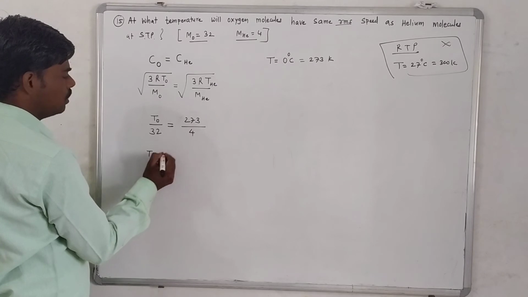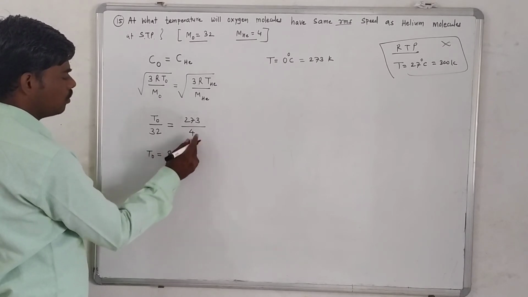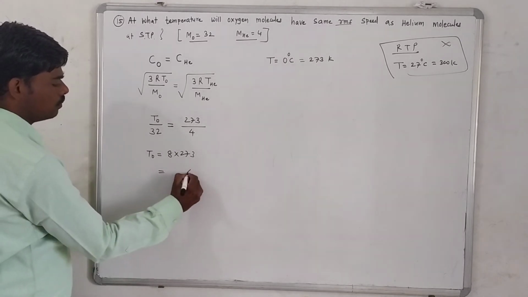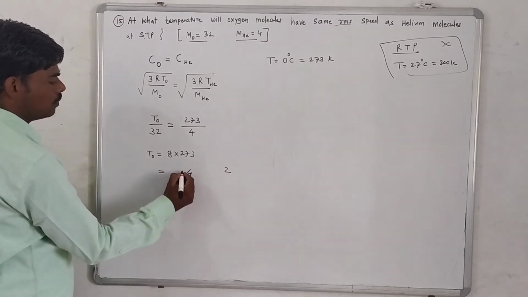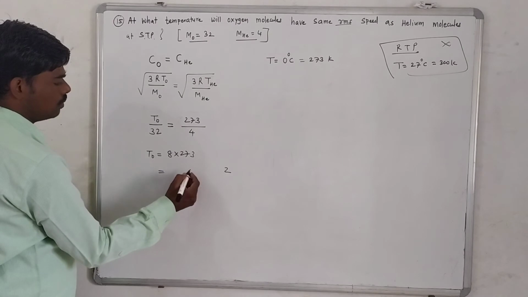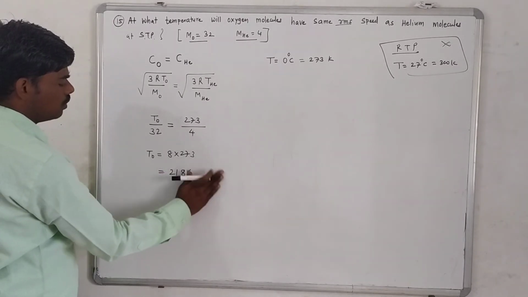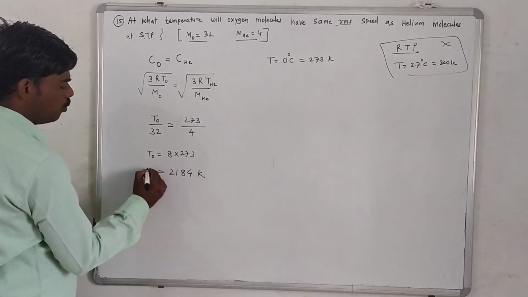So T_O is equal to 8 into 273. The answer is 2184 Kelvin.